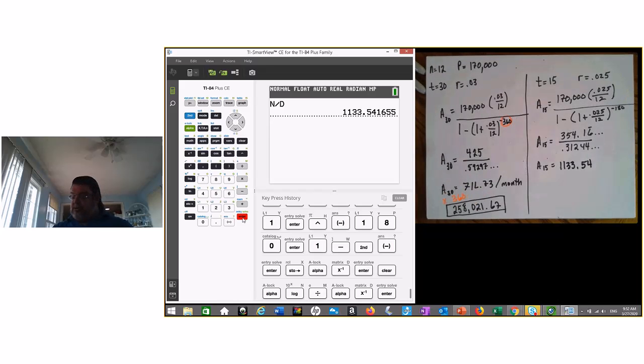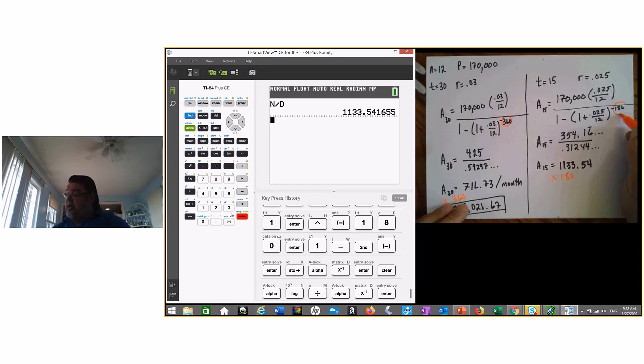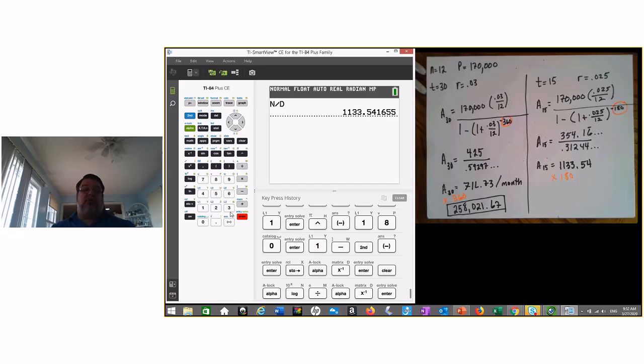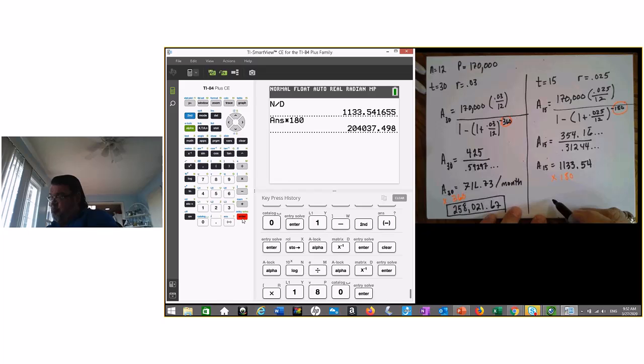Now, of course, let's see how much we paid for it. Times 180, because that's how many payments you got. So multiply that by 180. So you pay $204,037.